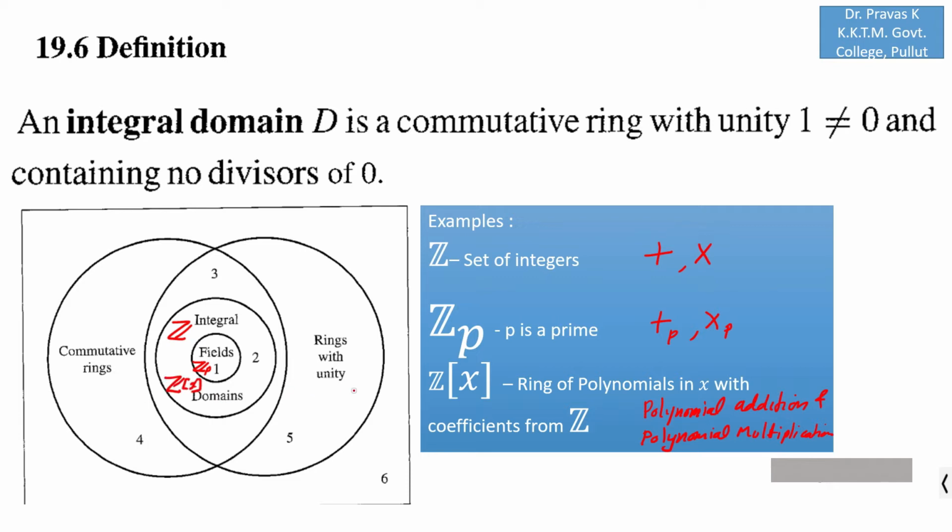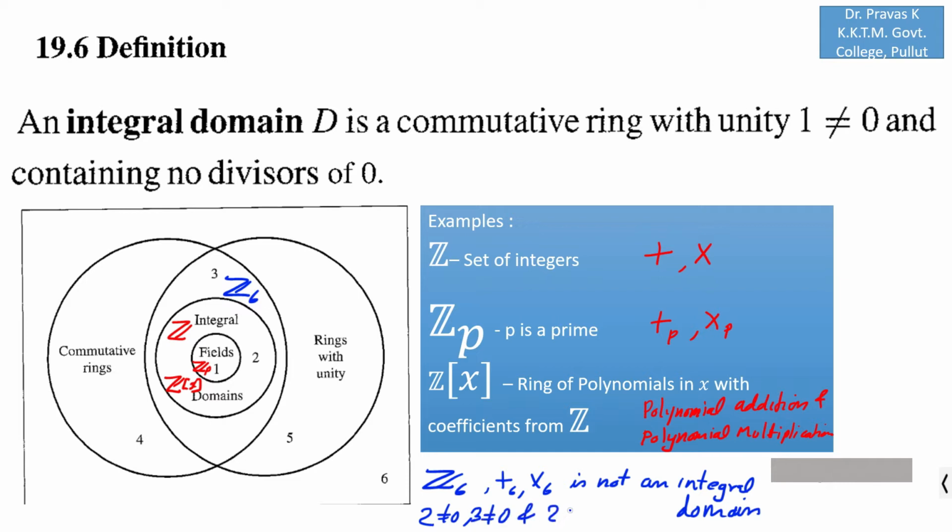Now there are commutative rings with unity 1 not equal to 0 which are not integral domains. Consider Z6 under addition modulo 6 and multiplication modulo 6. It is not an integral domain because it contains divisors of 0. For 2 and 3 are non-zero elements in Z6, but their product is 0, and hence they are divisors of 0.